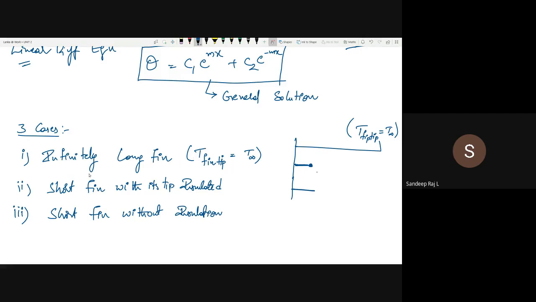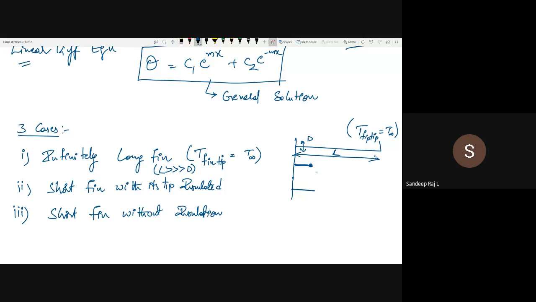And in most cases of the infinitely long fin, the length of the fin is very much larger compared to the diameter of the fin, or the other dimension of the fin. This is the diameter dimension I'm speaking about. This is the length dimension I'm speaking about.